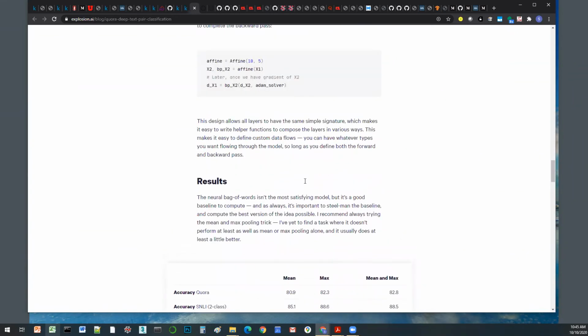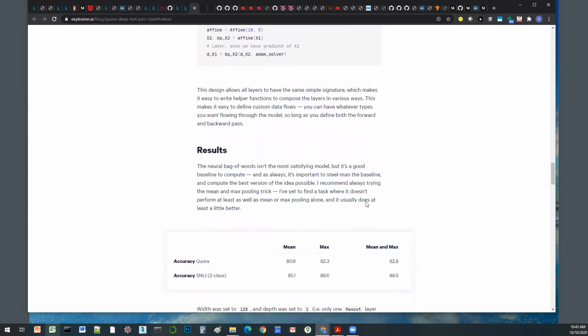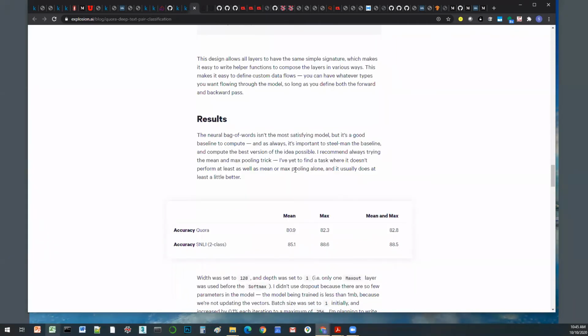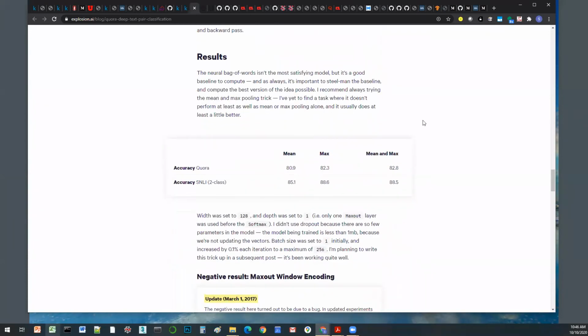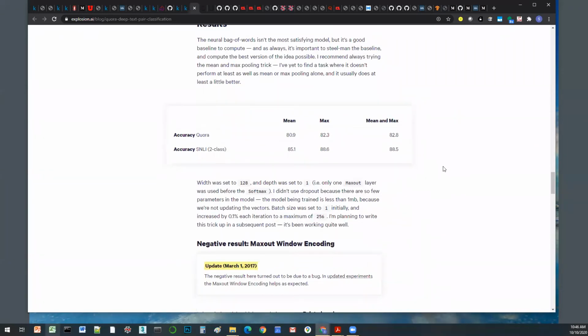In this case, he just uses a neural bag of words, or essentially a bag of words, and then applies it to a neural network. What he does is for each sentence, he builds up an encoding and then does mean and max pooling of the words for each sentence.